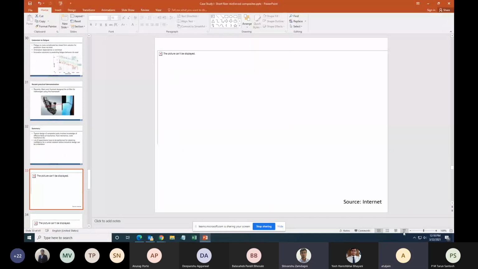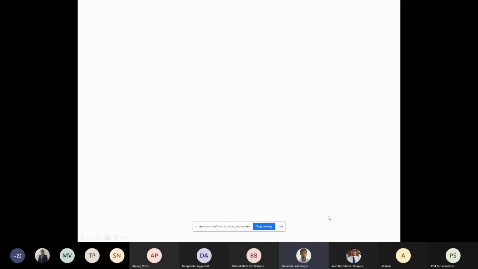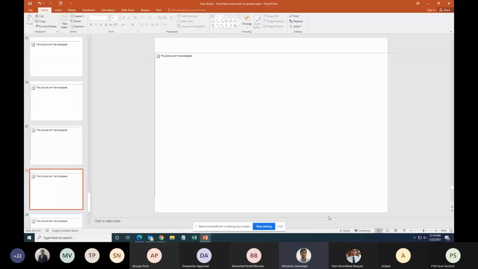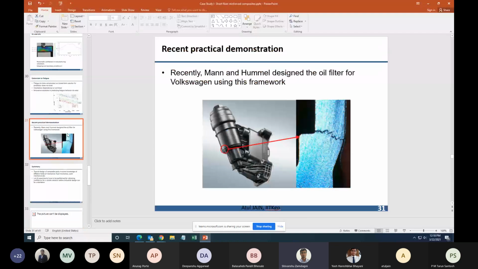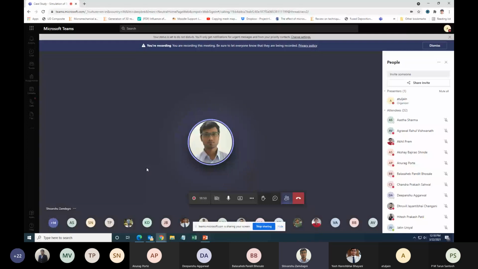Sir, in case of composite parts where we don't know the direction of forces, or the random vibration is there, which one we should use? The short fiber composites or directional ones? The main issue that you have to keep in mind, like we discussed very early on in our class, is that it is a multivariable optimization problem, right?